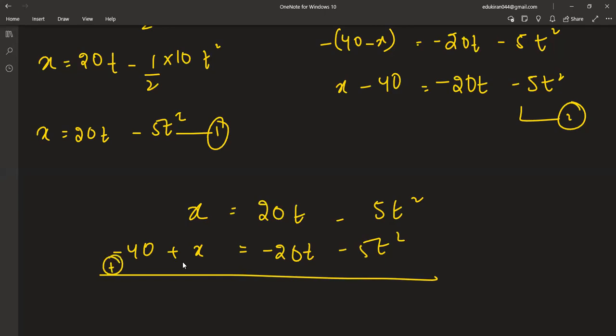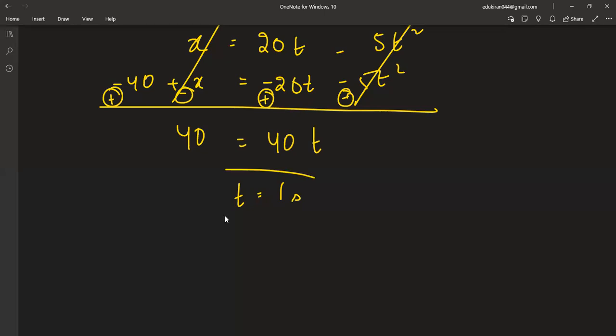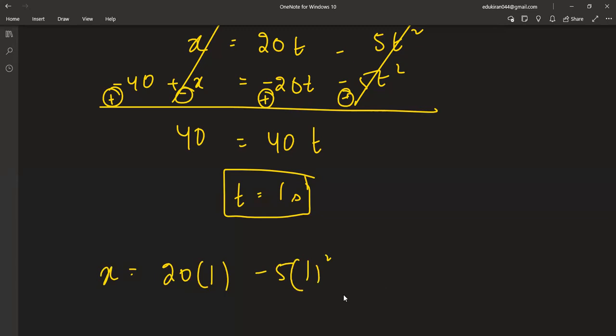Signs change, and minus 5t square plus 5t square gets cancelled. So this becomes 40 equals 40t, so t is equal to 1 second. Now we know t, put it in this equation. X equals 20 into 1 minus 5 into 1 square. That is X equals 15 meter.